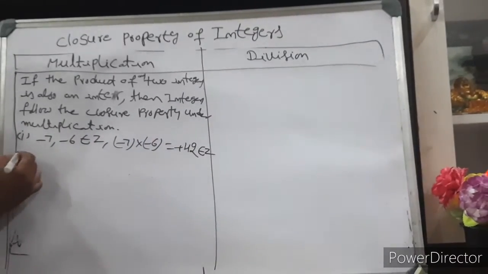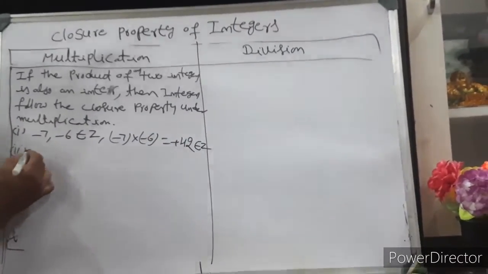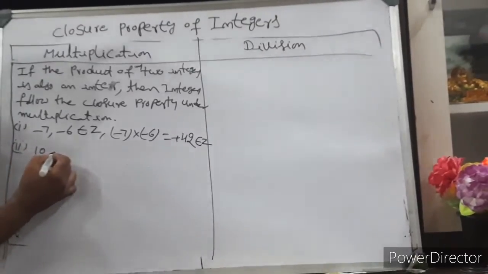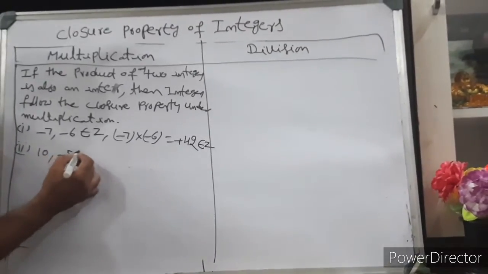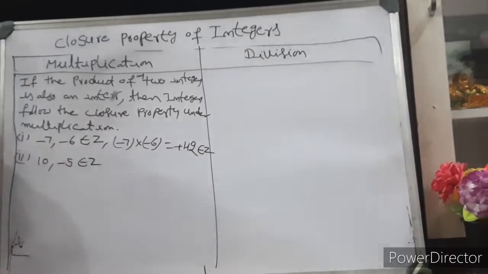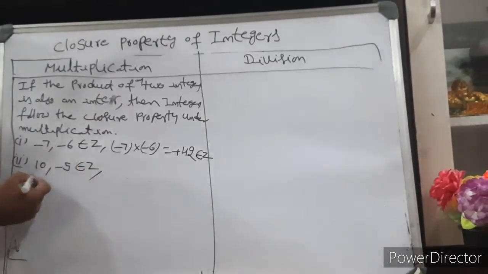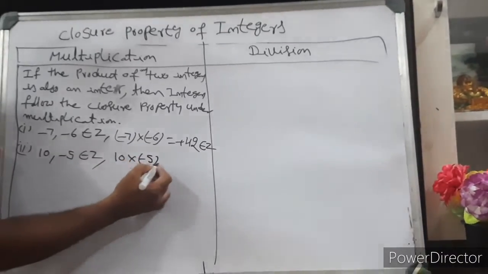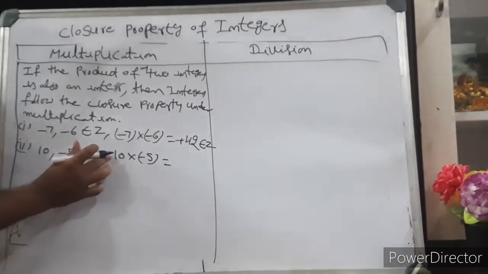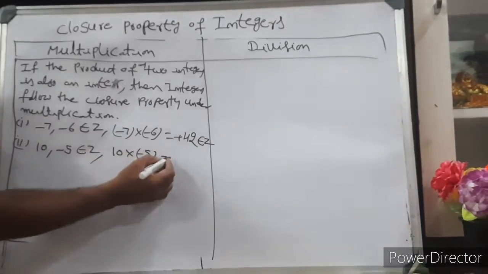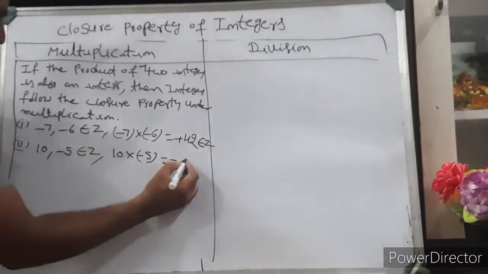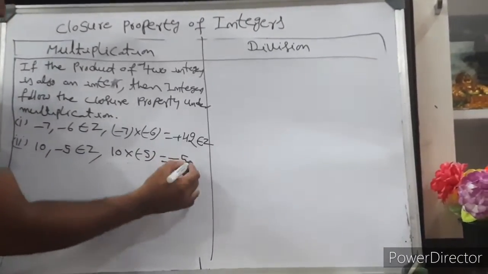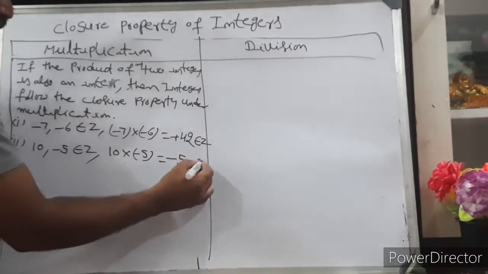So you take another example. 10 and minus 5 belong to Z. Then their product is 10 into minus 5. Here 10 has plus, into minus. 10 fives are 50, so minus 50 is also an integer.